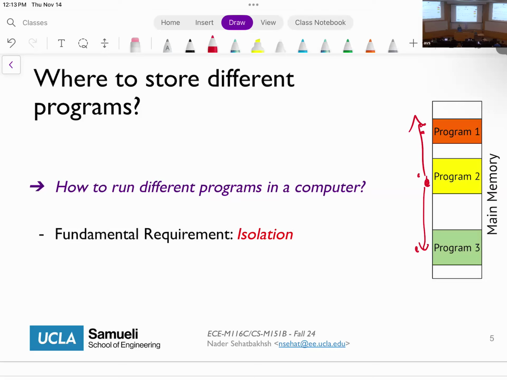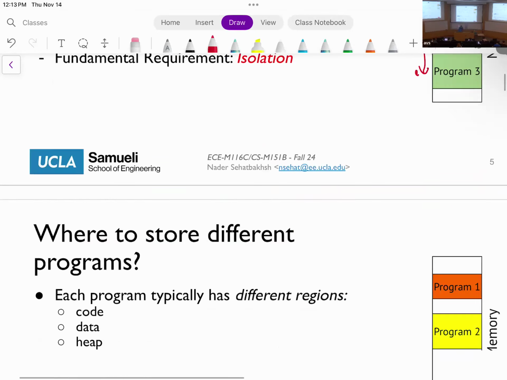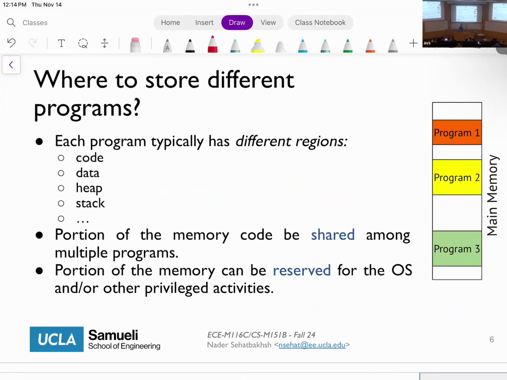So the first thing that you want when you're storing these different programs inside your main memory, which is the main job of the main memory, is to partition this nicely so that each program has its own space. Then, in addition to this isolation, what do we assign to each program? Within each program, we also have nicely isolated regions. We usually have a code region, data region, heap region, stack region, and so on and so forth.